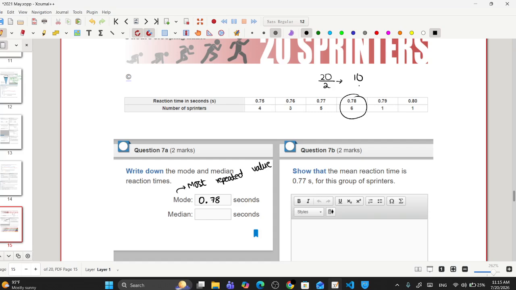If we were to find the value of the reaction time in seconds for the 10th sprinter, how do we do it? That's pretty easy as well. 4 plus 3 is going to become 7, and 7 plus 5 becomes 12.